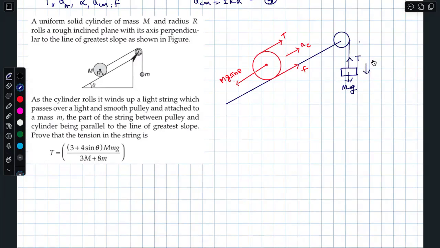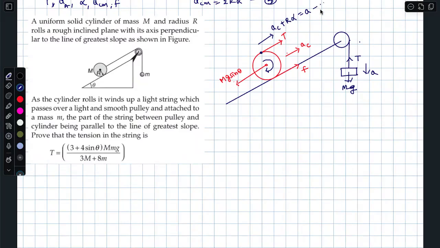Now, the only point that I am worried about is, I'm assuming that the acceleration of this is A. Now, what is going to be the acceleration of this point? The acceleration of this point is going to be AC plus R alpha is equal to A.